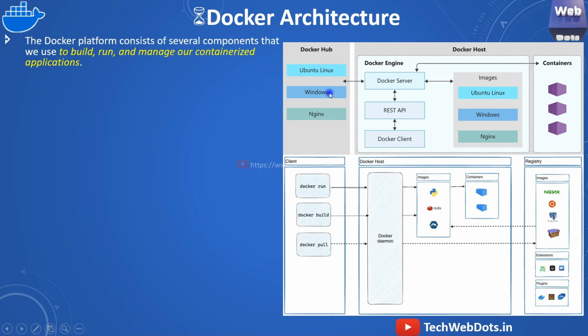Those are fetched by the Docker server, or you can say your Docker daemon, which is again part of the Docker host. The required images will be fetched and used to create the containers. It depends upon how many run commands you fire up, and on that basis, containers will be created.